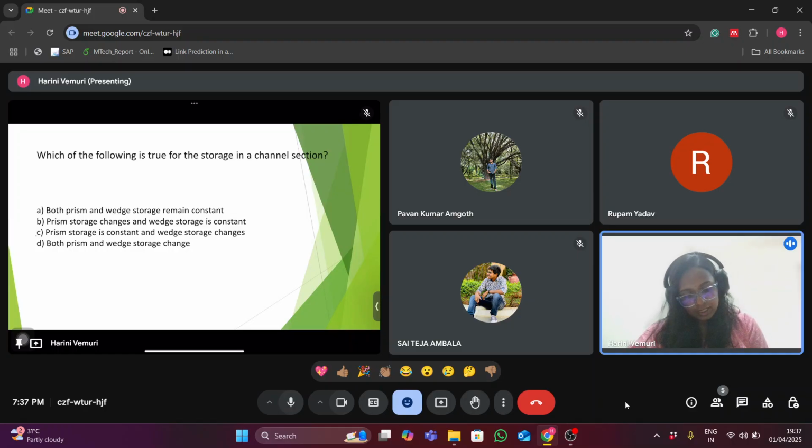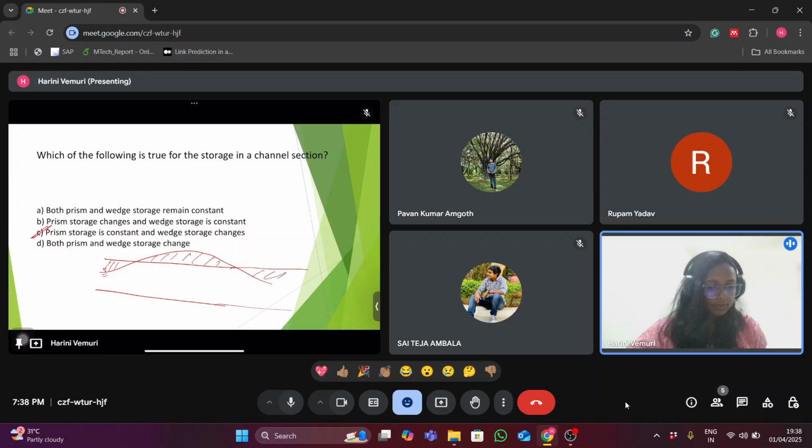If you remember, the prism storage will be constant because it's the volume between two parallel lines throughout the sections. But wedge storage is the volume between the water surface and this top line of the prism storage, which will vary at every location. So wedge storage changes, prism storage remains constant.